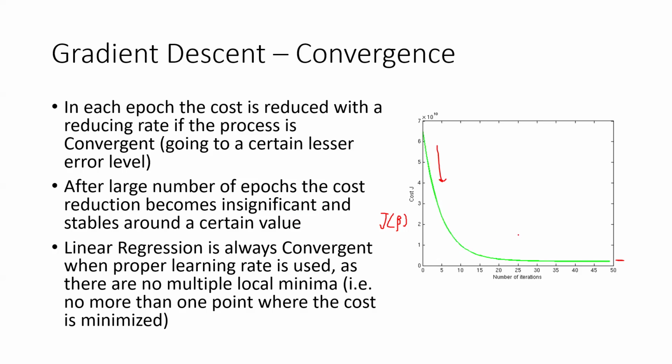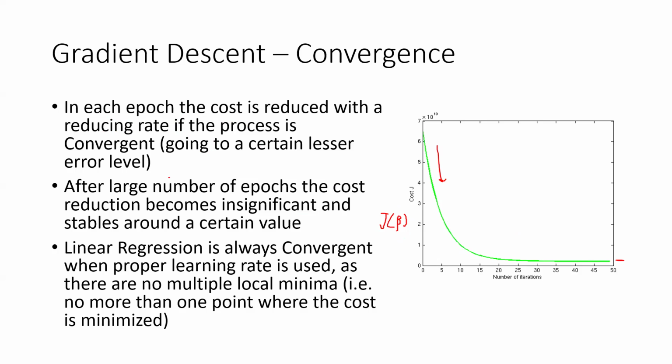So you know, right? The cost is the total error for the data points, right? J beta is this value, right? In each epoch or iteration, the cost is reduced with the reducing rate if the process is convergent, right? So the idea is that I said that you have to select the learning rate carefully, right?